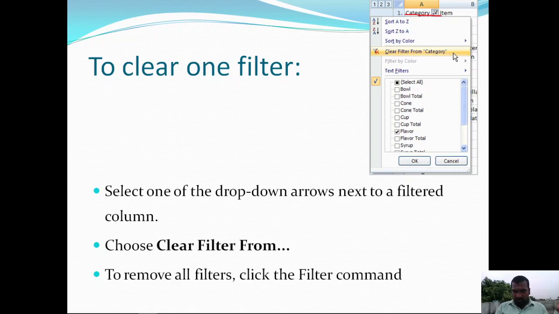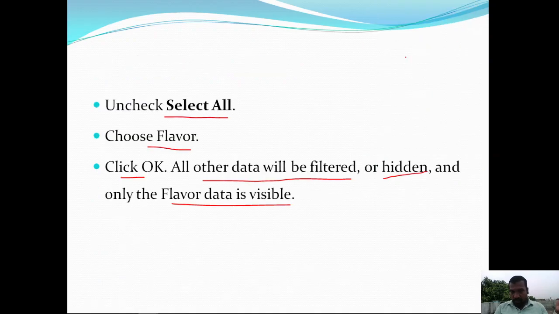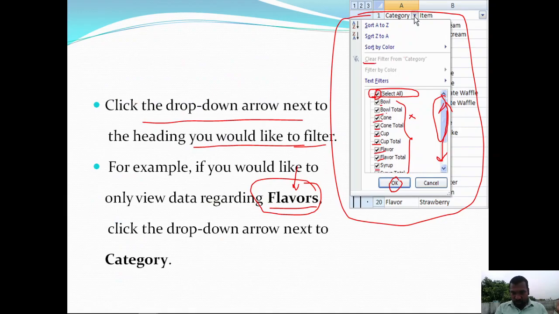So observe this image. Here is an option, Clear Filter From Category. Before that, this option is in disable mode. Disable mode means till now we haven't applied the filter on the category.